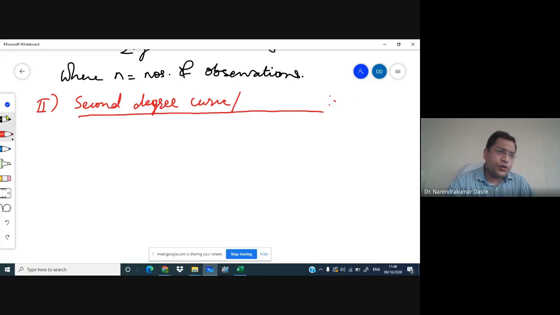I want you to give me the names of these second degree curves. What second degree curves have you studied? y is equal to ax square, parabola. Again, what are the next second degree curves that you have studied? You have studied some more second degree curves, no?